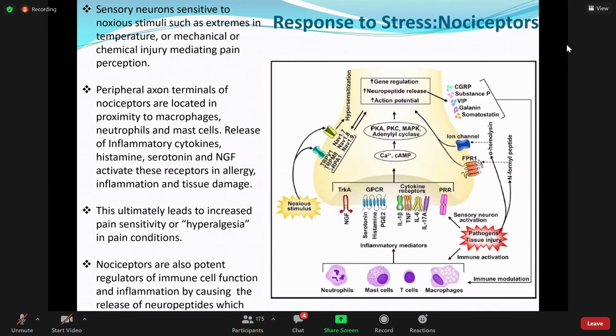Activation of these receptors will then cause the axon terminals to generate neuropeptides, which can go back to regulate the strength of the immune response, either to upregulate or downregulate it.